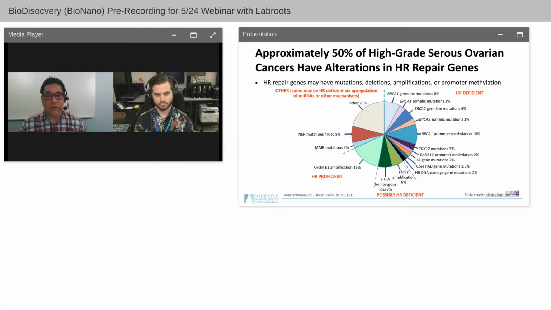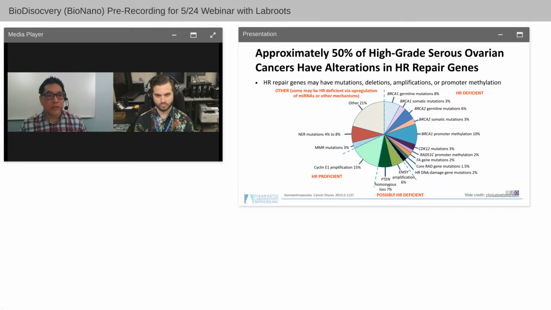And so if you look at the ovarian cancer landscape with regards to HRD, it is not just involving BRCA1 and 2, but it also involves other genes, RAD51C, also amplifications like cyclin E1, MZ, and also losses like P10.